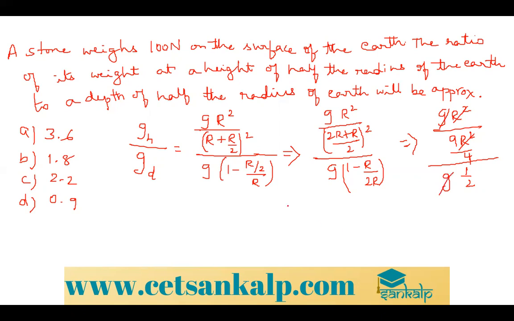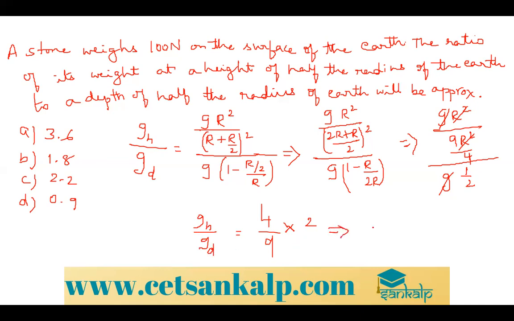So finally it is 4 by 9 into 2, that will be gh by gd.